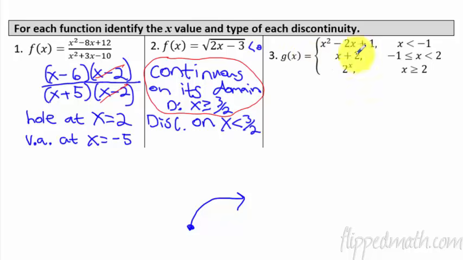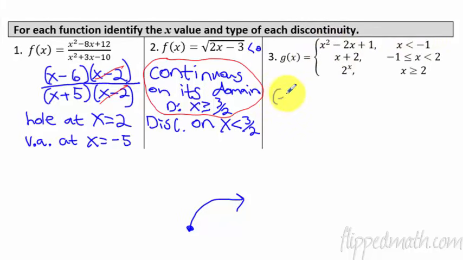So let's plug in a -1 into this first piece. This is going into the very first piece. -1 plus 1. Simplify this all out and we get 1 plus 2 is 3 plus 1 is 4. All right, so the first piece is going to equal 4 here. What about the second piece?